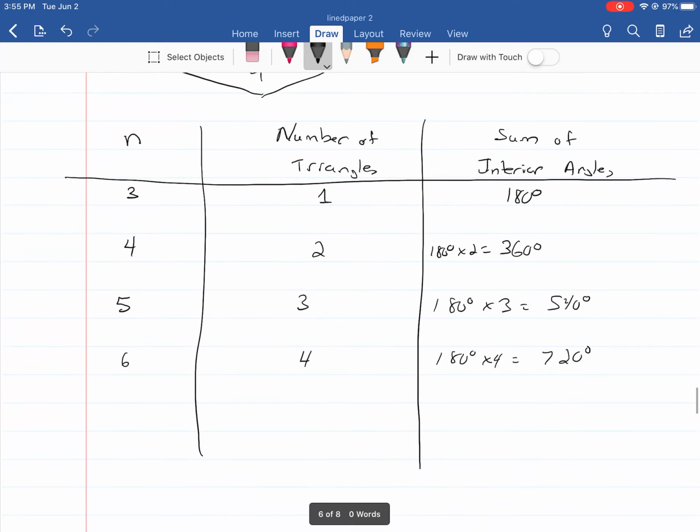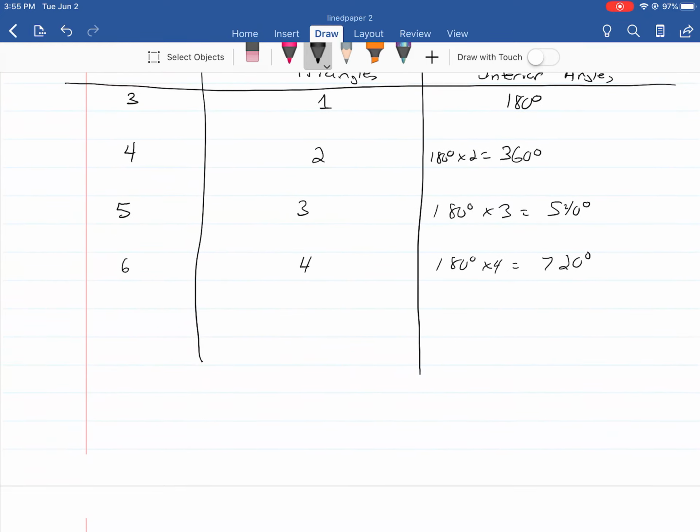So what I want to do, without actually drawing the next shape, is I want to say, well, what if there was 7 sides? How many interior triangles? And I hope you see the pattern there. There was always 2 less triangles than there was sides. So here we get 5. And now I want to extend that to any number of sides.